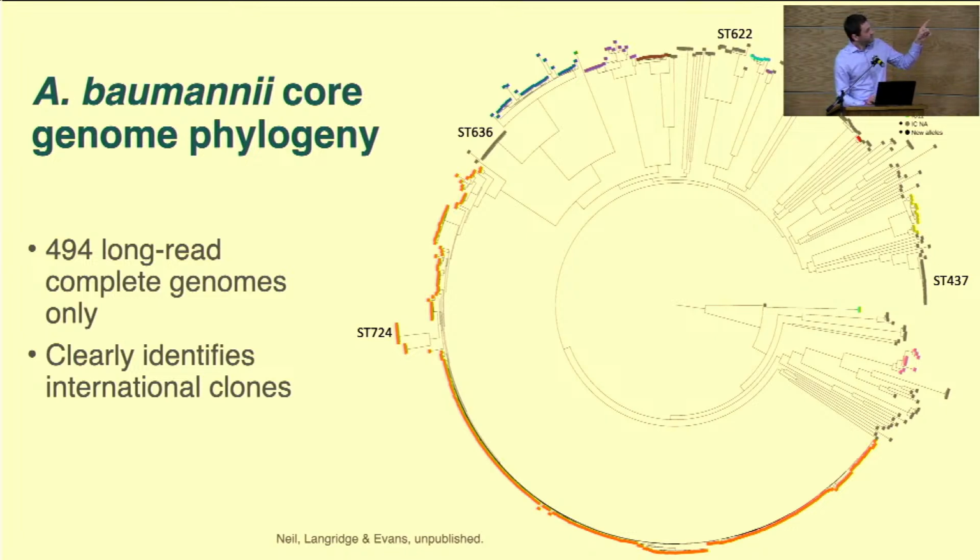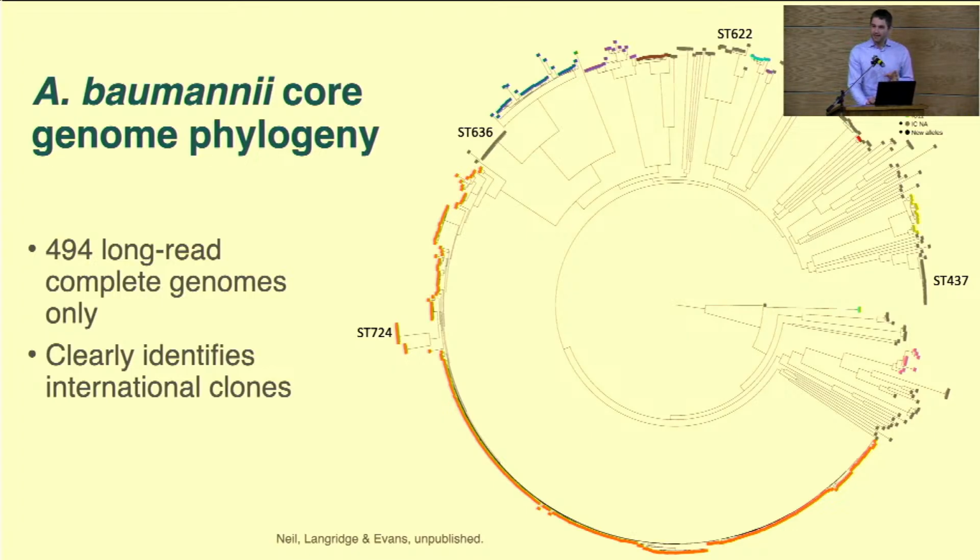And then we have some sequence types which we've picked out, most of which aren't associated with a particular international clone. They potentially represent new international clones. We're beginning to look into that. But nevertheless, with this data set, with this approach, we can get a good overview of the species. So we think our data set is reasonably representative of the species.